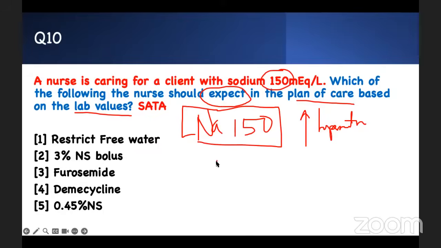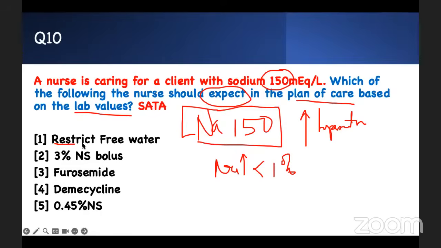If your sodium is too high, I should not give you anything more than 1%. If the sodium is higher than normal, you should get something less than 1%. I shouldn't give you anything higher. I should dilute your sodium.